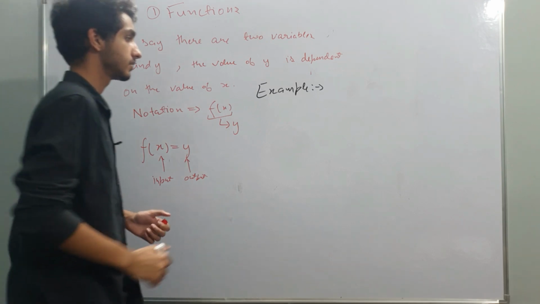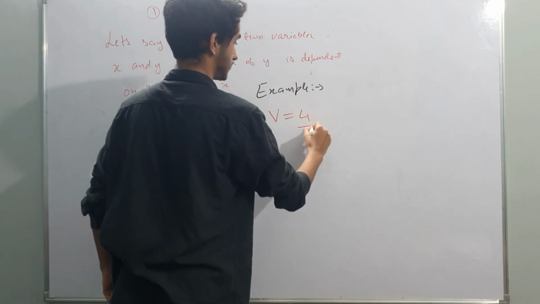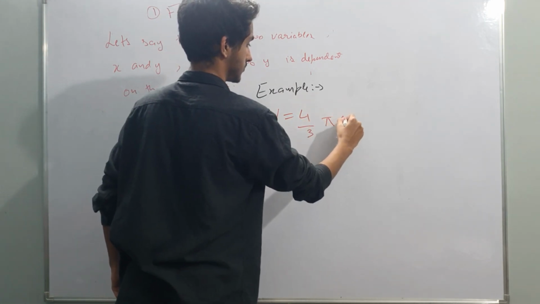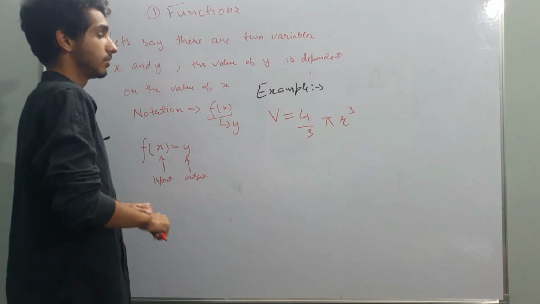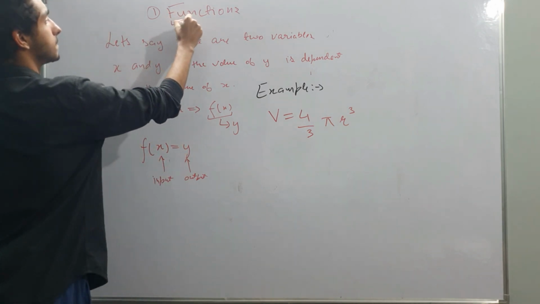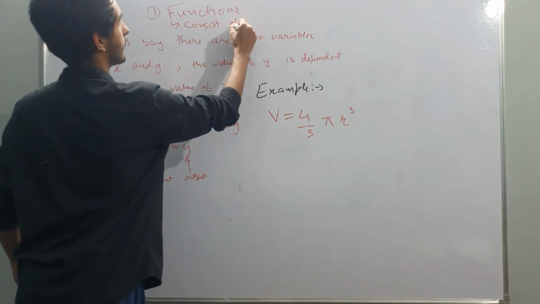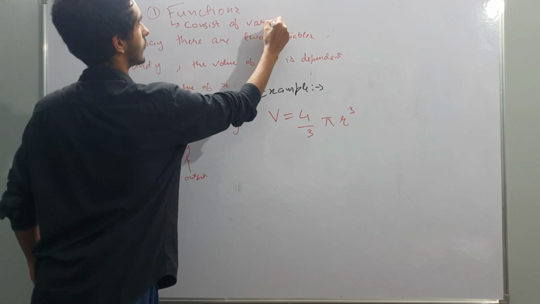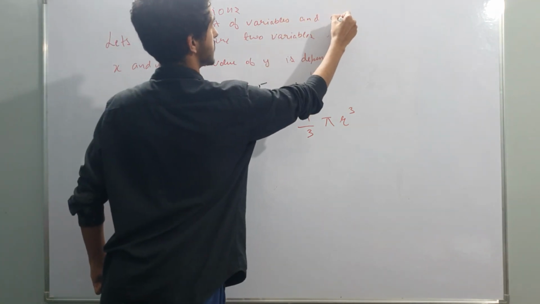So let's do it with an example. Let's take the formula for volume of a sphere, which is 4 by 3 pi r cube. And also a function may consist of variables and constants.